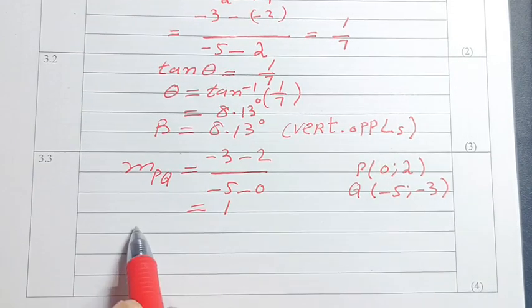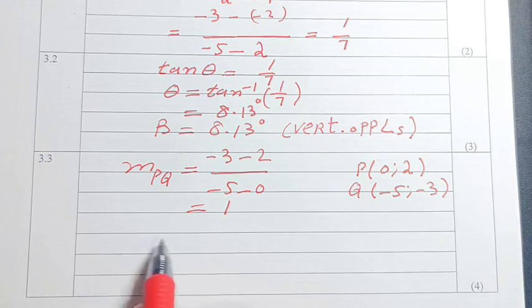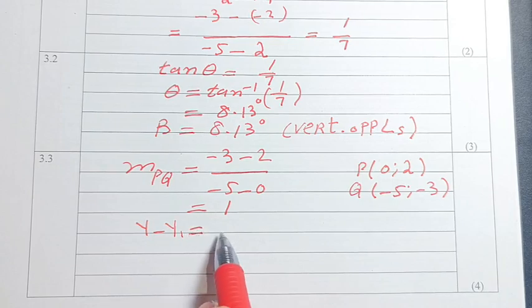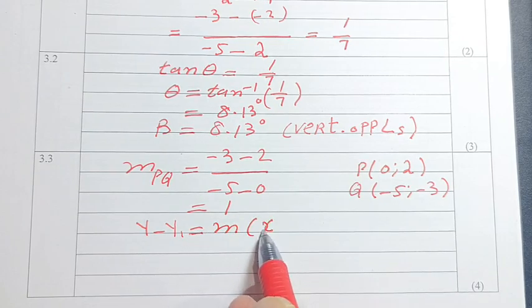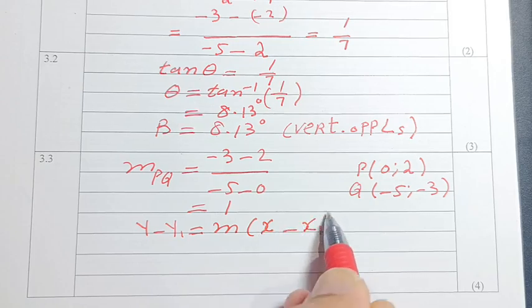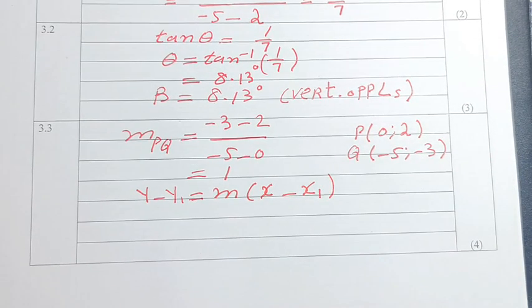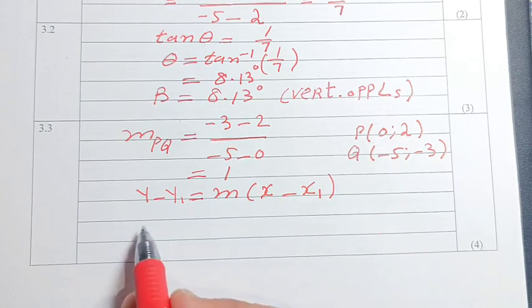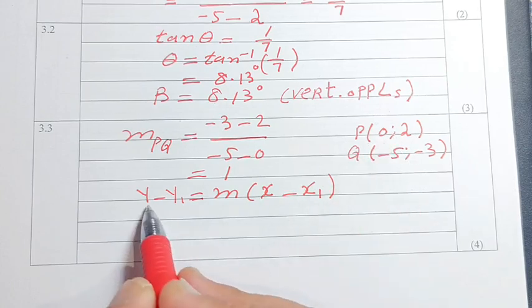Now I'm going to use the formula y minus y1 equals m times x minus x1 to find the straight line equation. I like this formula. This is always at the back of your information sheet. I'm going to substitute one of these points, P, into this equation.